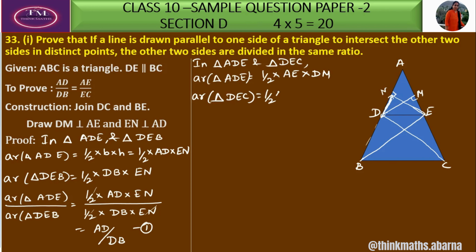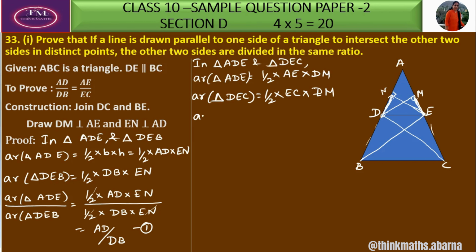In the same way, area of triangle DEC is 1 by 2 into the base EC, but this is also not a right angle triangle. So we have to extend this base to get the perpendicular. DM is the perpendicular for this triangle. So half into EC into DM.